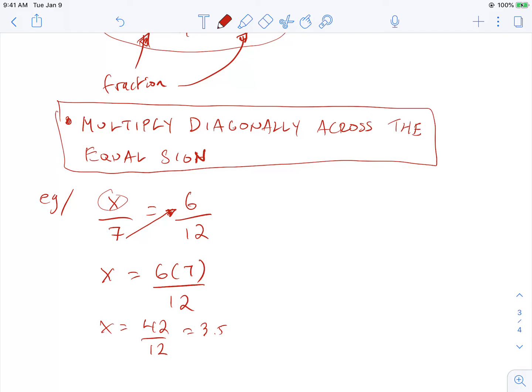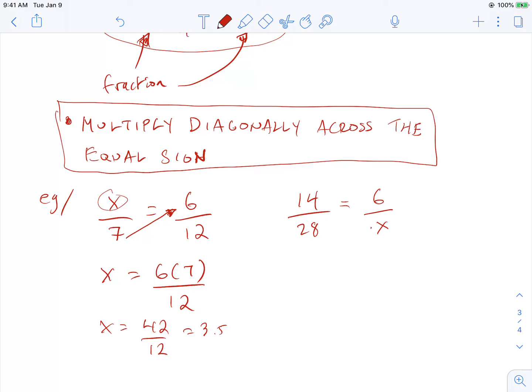Okay, let's take a look at another example. So if I had 14 over 28 equals 6 over x. Well, this one's a little bit harder because the x is on the bottom. So we need to figure out a way to make that x get to the top and then get isolated. So remember, we can always multiply diagonally across the equal sign.